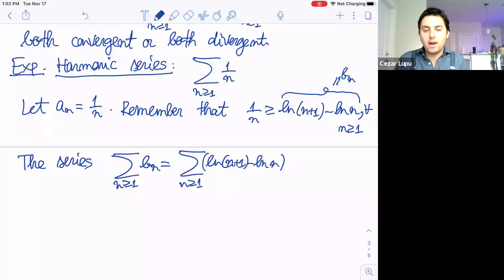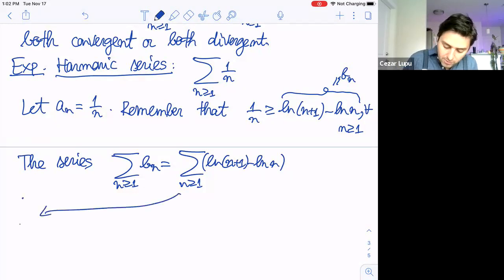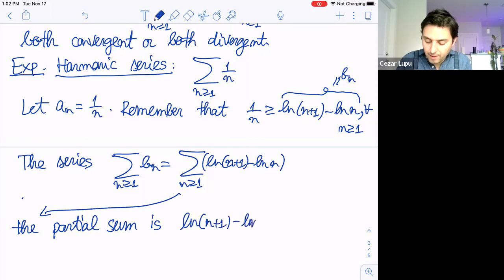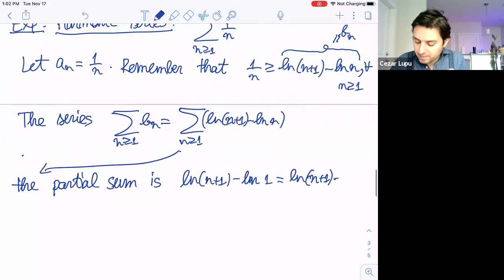Exactly, exactly. So the partial sums of this is ln of n plus 1 minus ln of 1, which is ln of n plus 1, which goes to infinity as n approaches infinity. So this guy diverges.